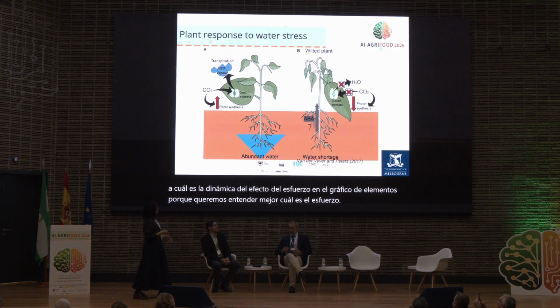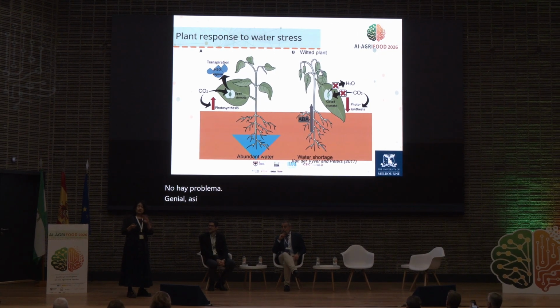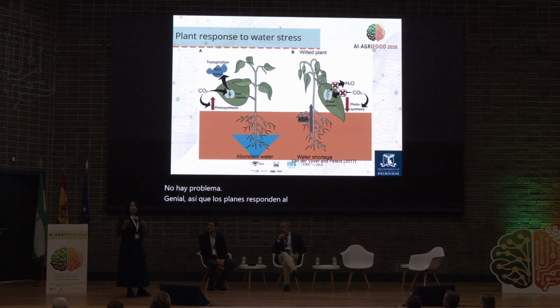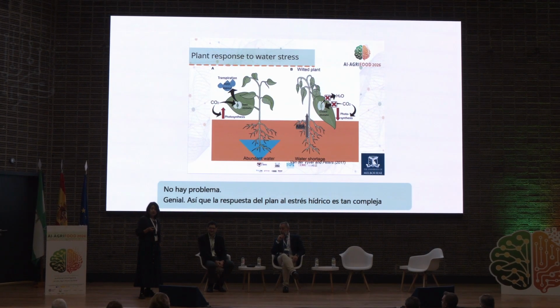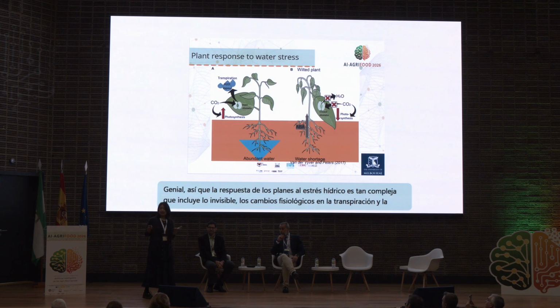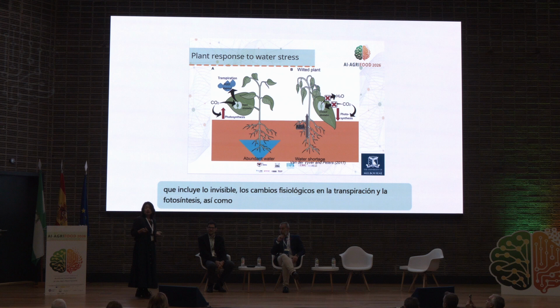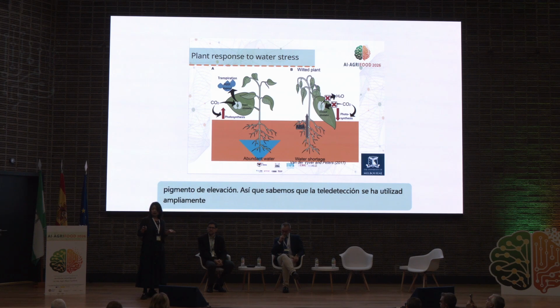So, the plant's responses to water stress are very complex. They include the invisible physiological changes in transpiration and photosynthesis, as well as the visible changes in canopy structure and leaf pigment. Remote sensing, we know, has been widely used to detect the visible physical changes in, for example, canopy structure and leaf pigment.